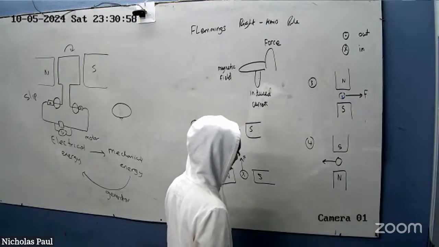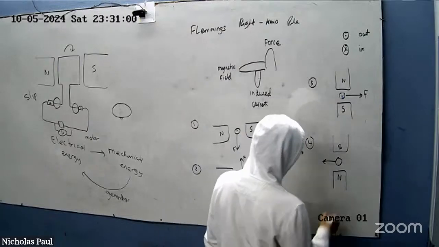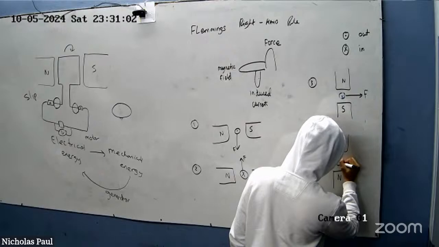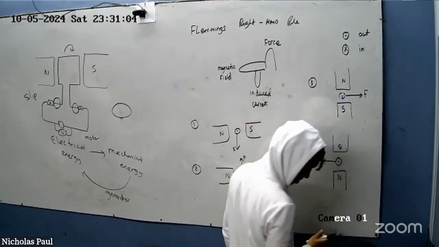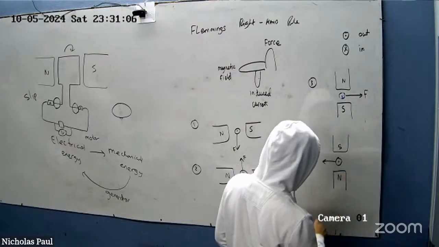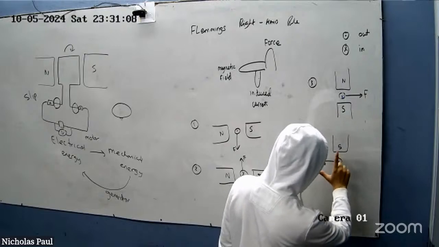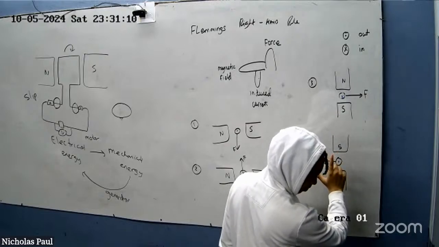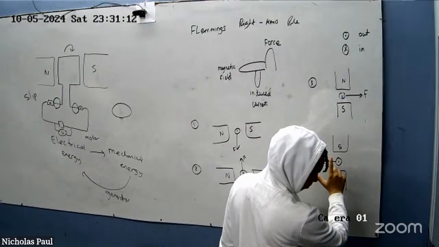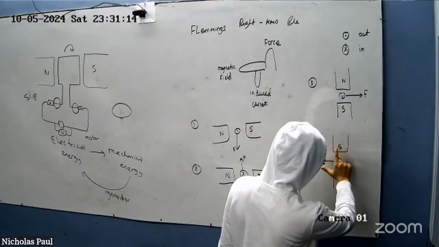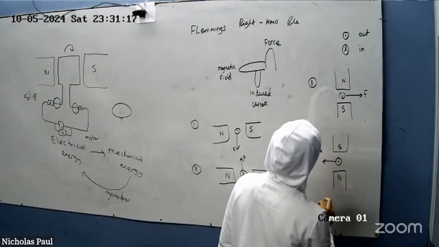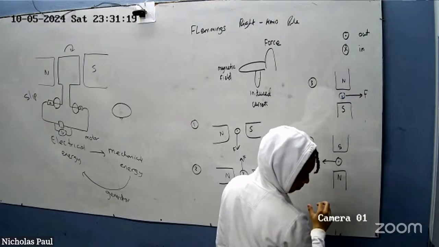Put the symbol, dot, and come again. Magnetic field going up, so your thumb pointing out. I mean your middle finger pointing out. Go back again, you did it correct so far.